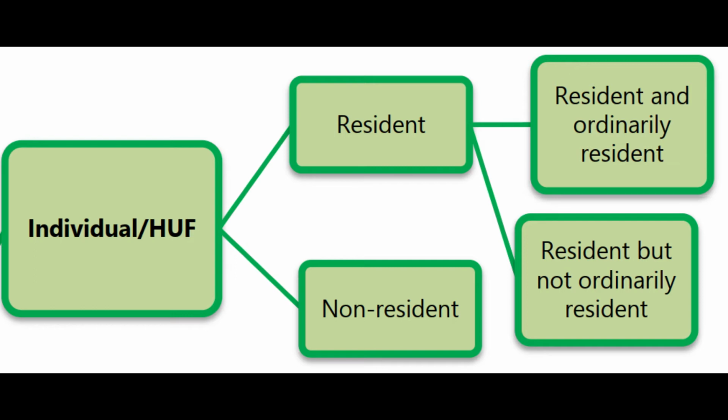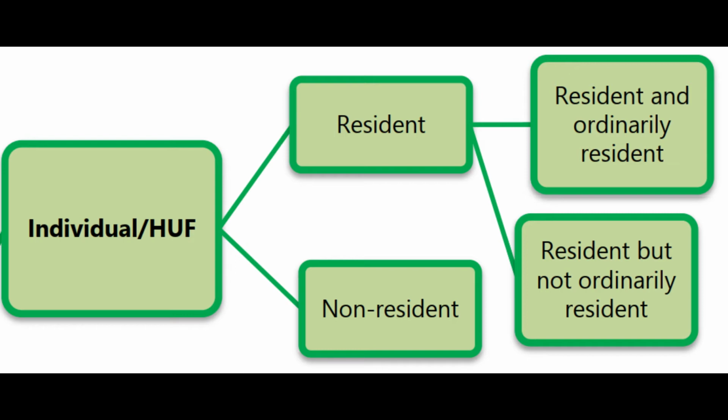So any SSC may have a status of either resident or non-resident. These two are common for all. Either somebody will be a resident or somebody will be a non-resident. If somebody is a non-resident, there ends the matter. You don't have to worry about anything else. But how about somebody is a resident?